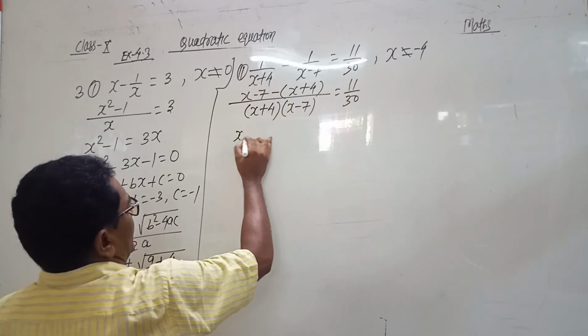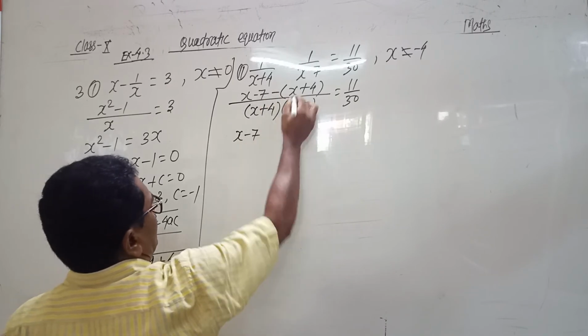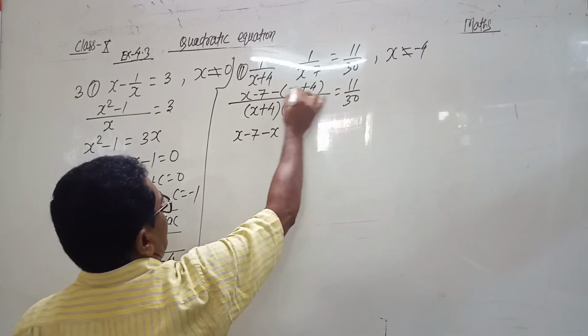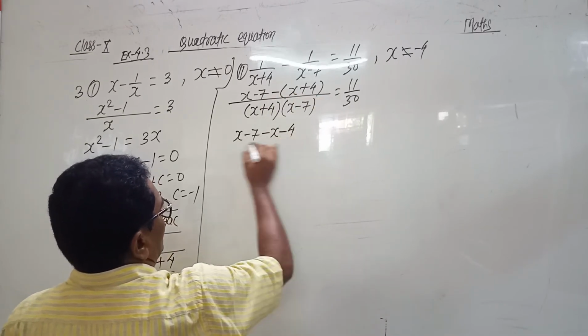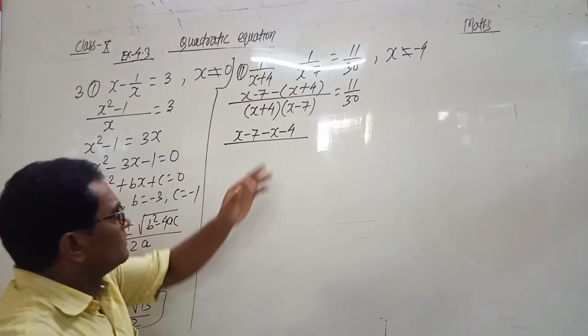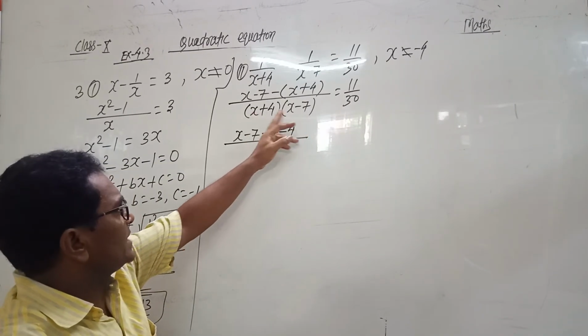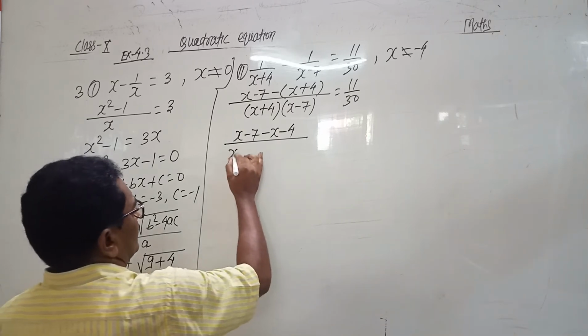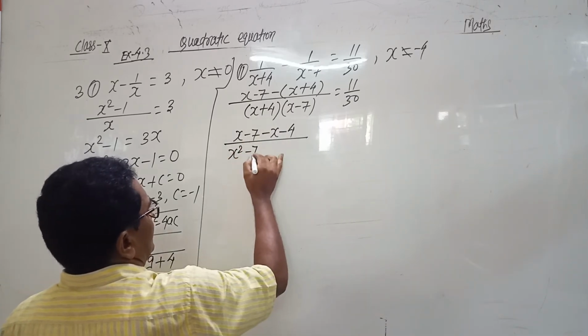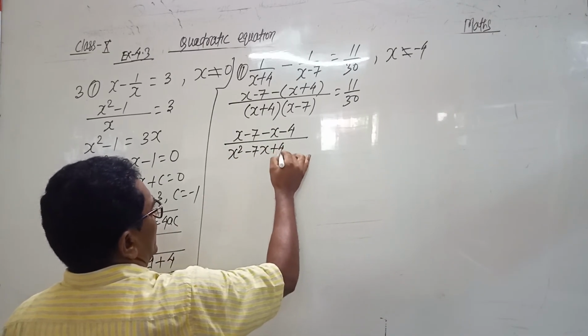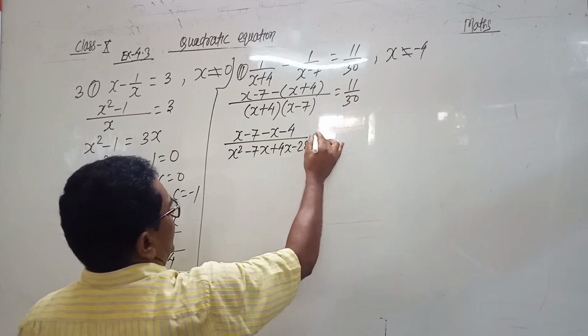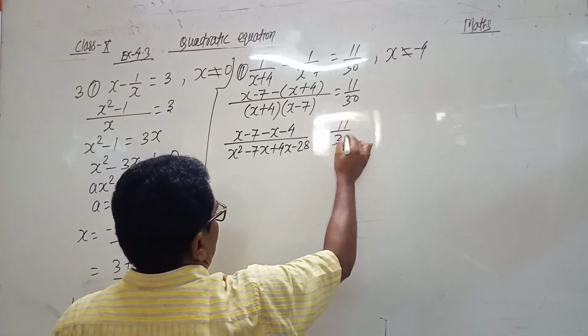Now solve the numerator. Multiply these two terms: x into x, x square minus 7x, then plus 4x and minus 28 equals 11 by 30.